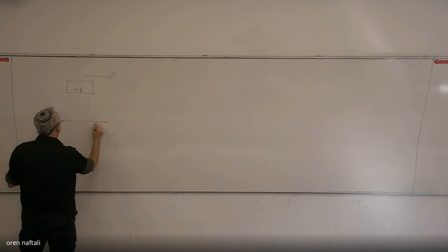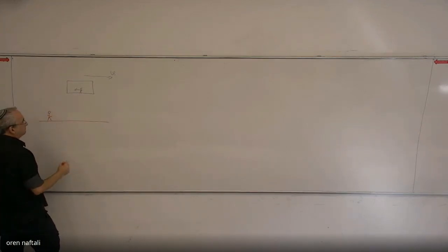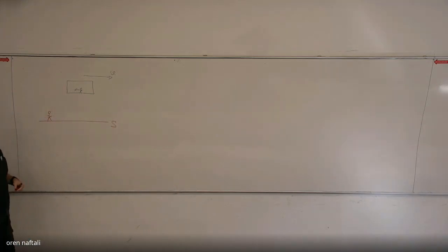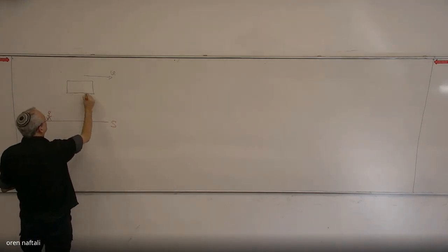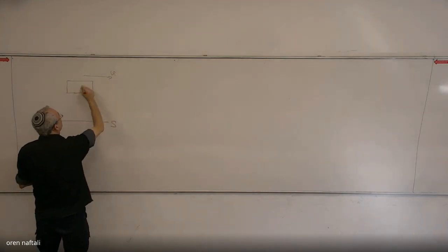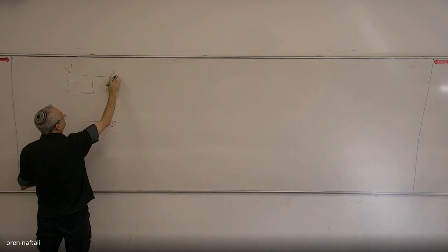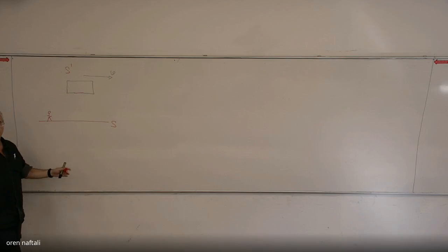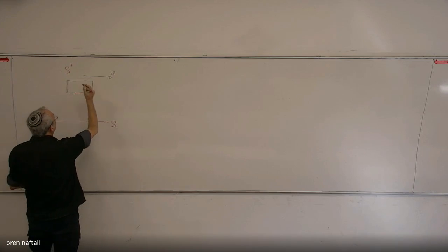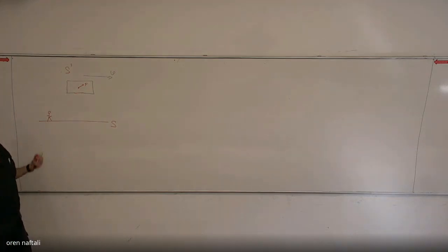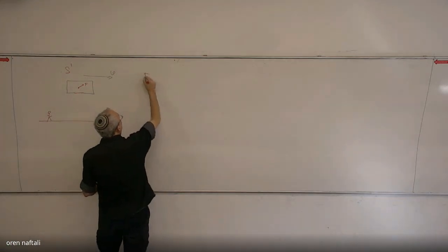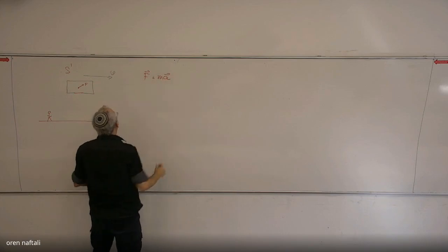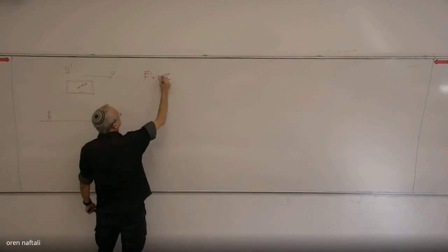is this. Suppose we are standing here. So this is our frame of reference that we call S, of course, and we look at this moving spaceship, which is the frame of reference S prime, and is moving with velocity v with respect to us. So we assume that S is a fixed framework, and this is the spaceship, and here there is some particle, and there is a force acting on this particle. Okay, and we know that F equals ma in the spaceship, right?